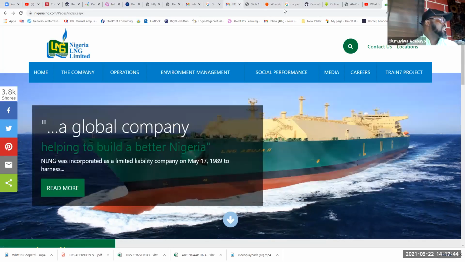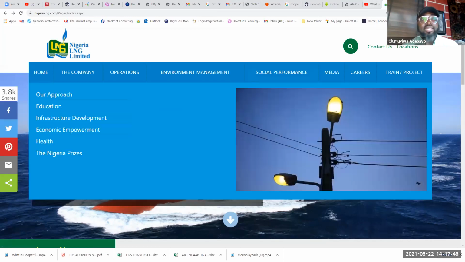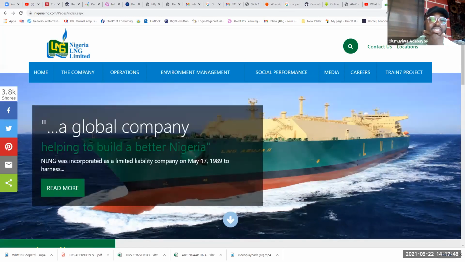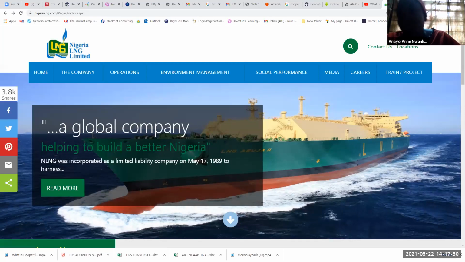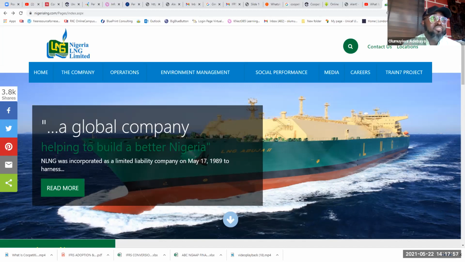Okay. Now, NLNG is a creation of a joint arrangement between these four parties.